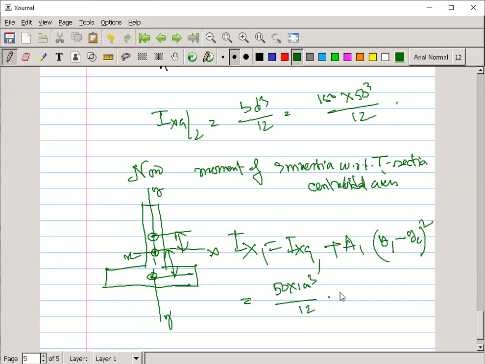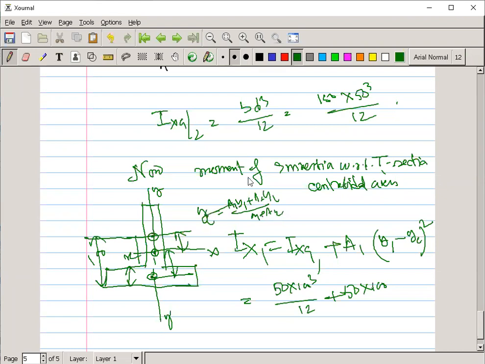So 50 into 100 into this. y1 is 50 and the total is 100, so this is also 50. And simply you have to find yc, which, you all know, is a1 y1 plus a2 y2 by a1 plus a2.